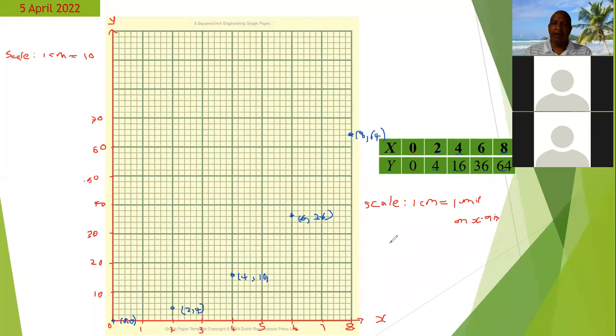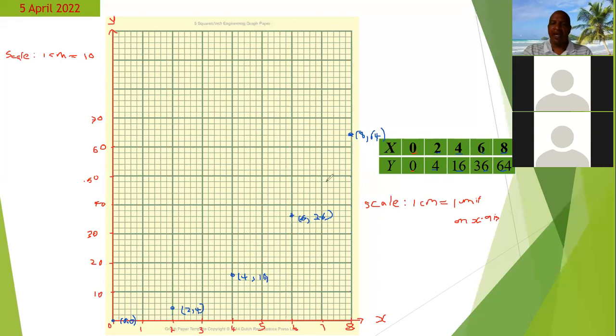All right, guys. Now, having plotted your points, then you need to connect these points to give the shape of your diagram. In this case, when you're drawing, if your points are not showing a straight line connection, then you should use a free hand in drawing your curve.